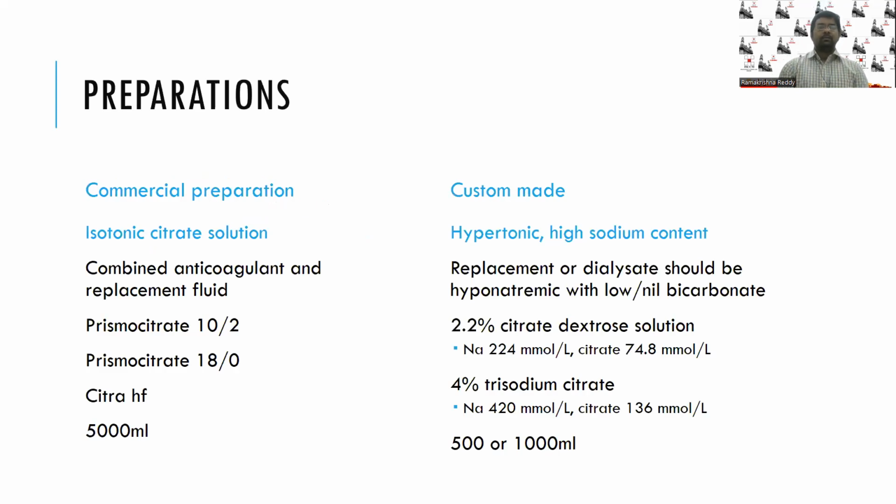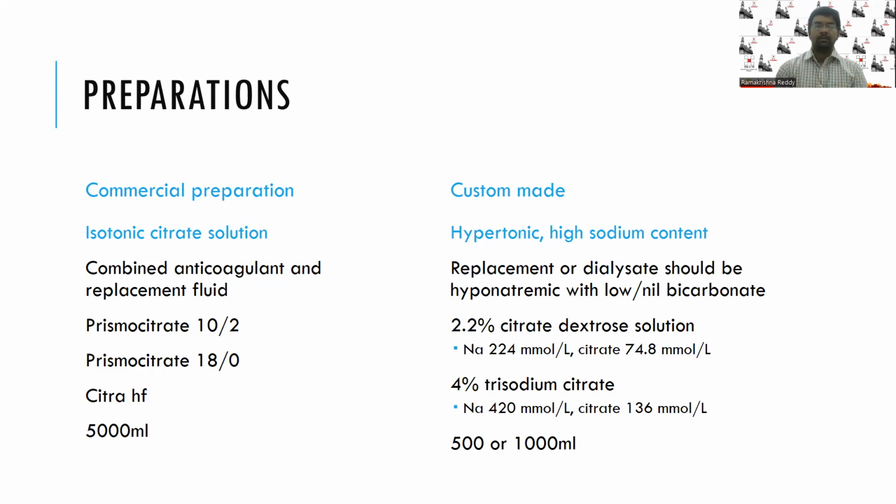So what are the various citrate solutions available? It can be a commercial or a custom-made preparation. Predominantly there are two types, either isotonic citrate solutions or hypertonic citrate solutions. The isotonic citrate solution has two functions. It not only works as an anticoagulant, but it can work as a replacement fluid also.